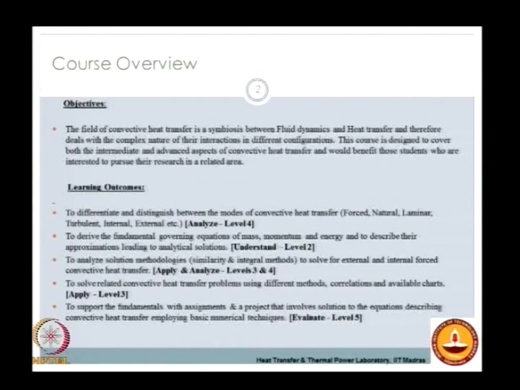This differentiation between the different modes of convective heat transfer is at the level of analyzing, a moderately high level, level number 4 on Bloom's taxonomy.